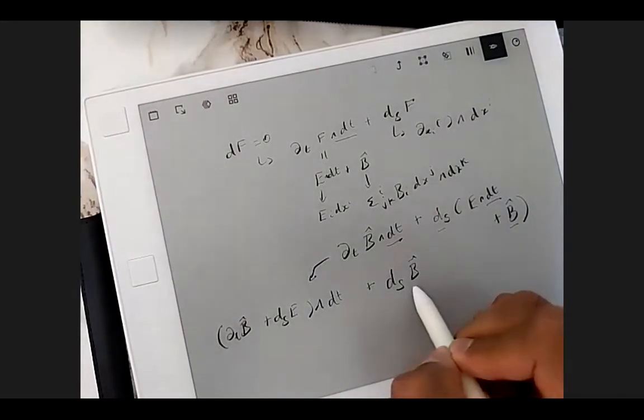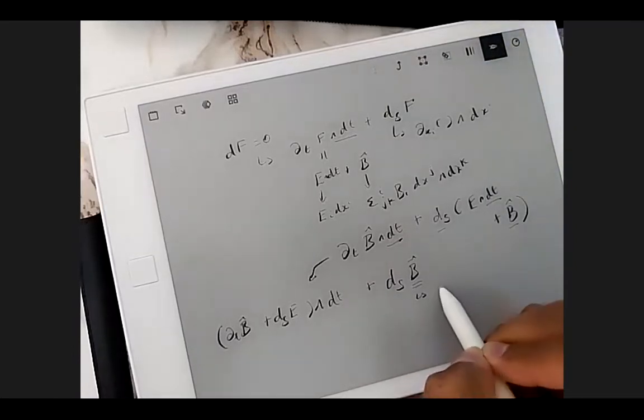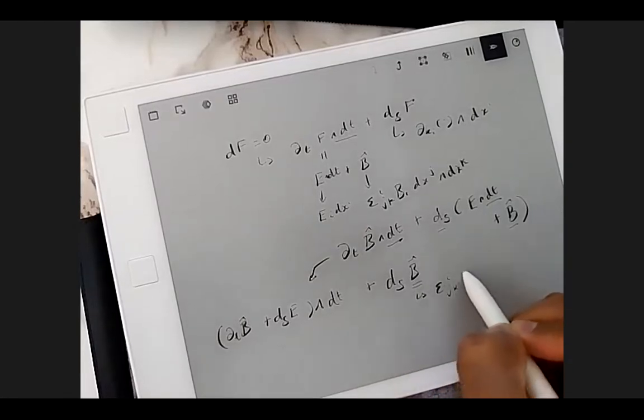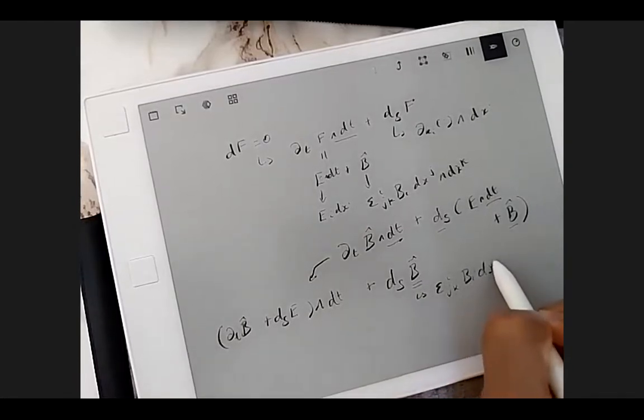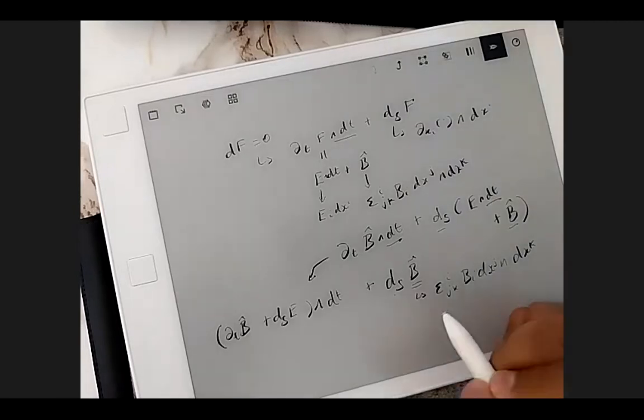Now, what is this really? This is really like epsilon ijk bi dxj wedge dxk. And what's the effect of ds going to be? ds is going to introduce another.